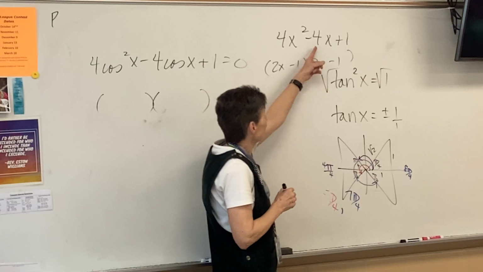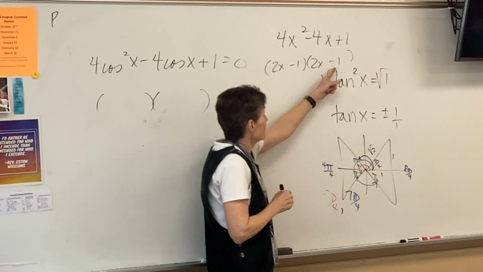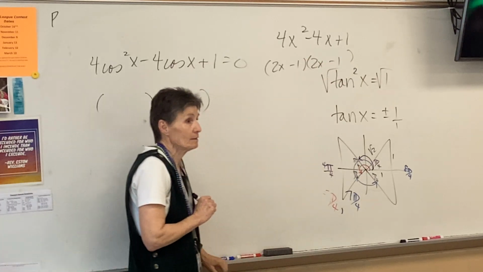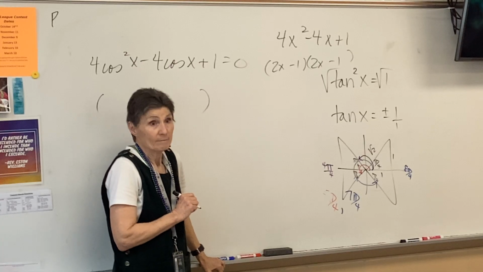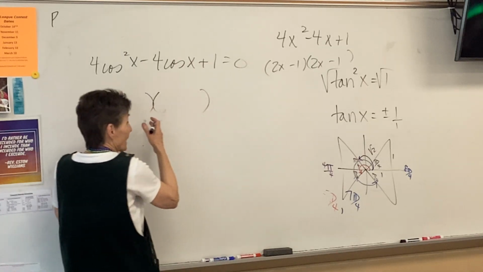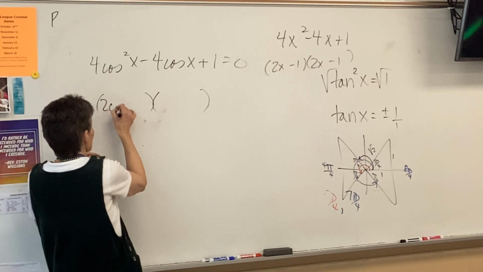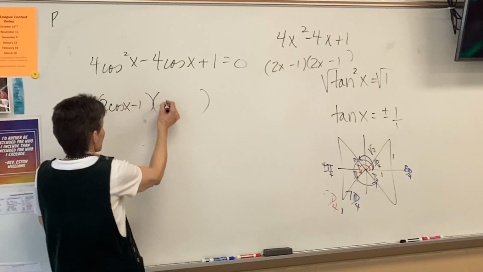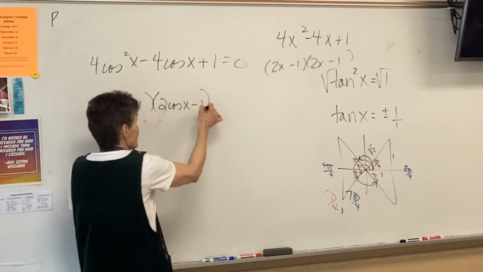With -2, -2 gives me -4, -1 times -1 gives me +1. That's right. So how does that translate to this one? What would these factors be? 2 cosine -1 and 2 cosine -1.